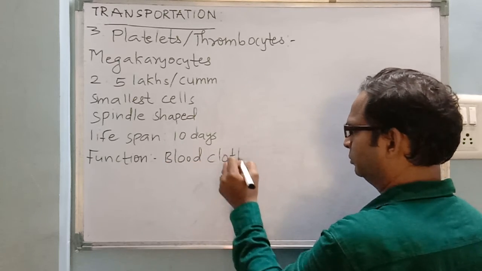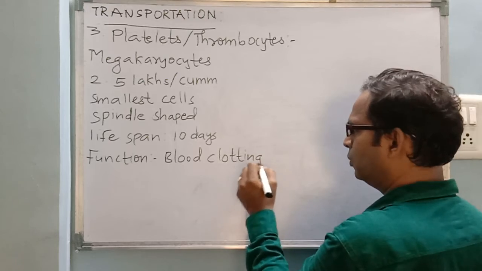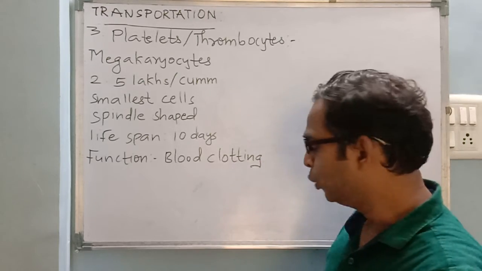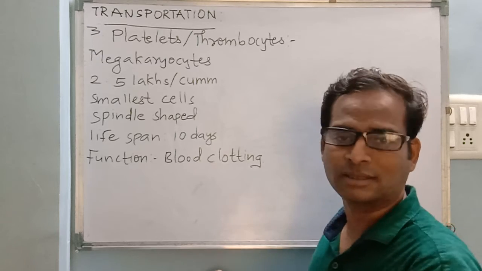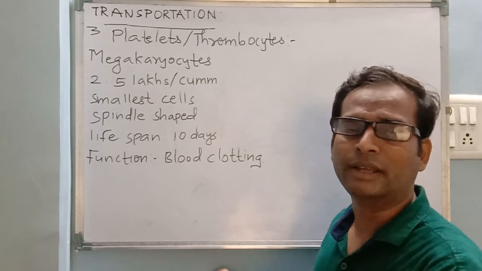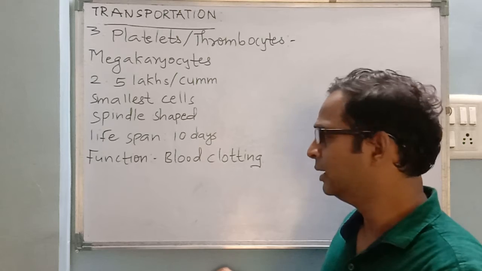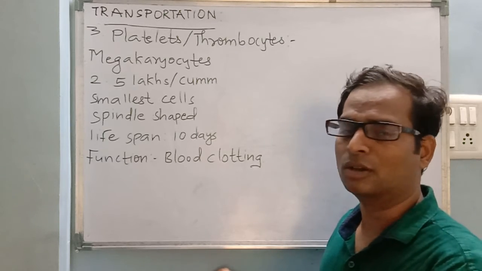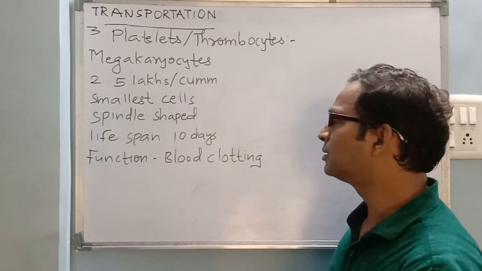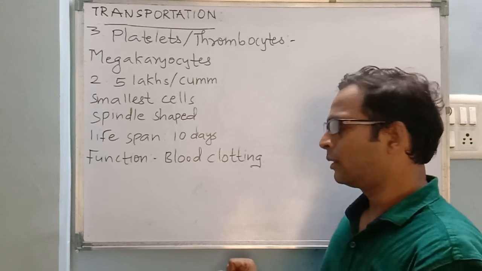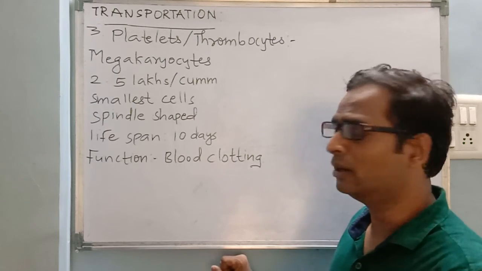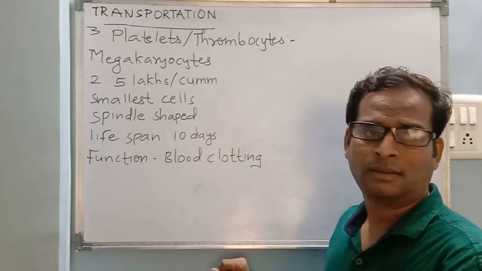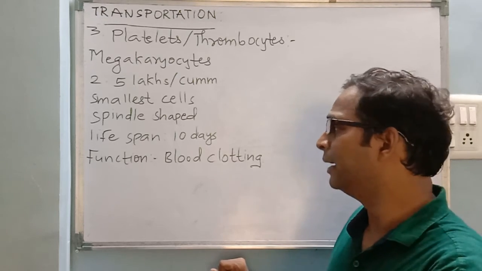You must have heard about dengue patients. In those patients, the number of platelets decreases, and that causes internal injuries, internal bleeding. That is one of the signs or symptoms of dengue. So internal injury, internal bleeding could be the symptom of this decreased number of platelets.